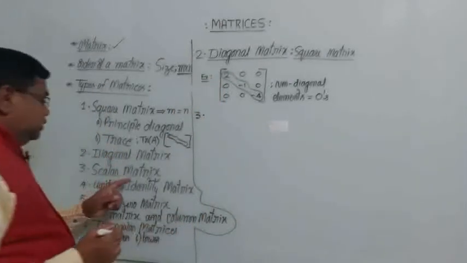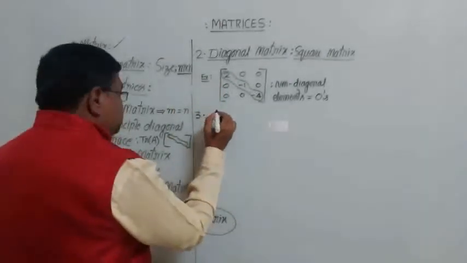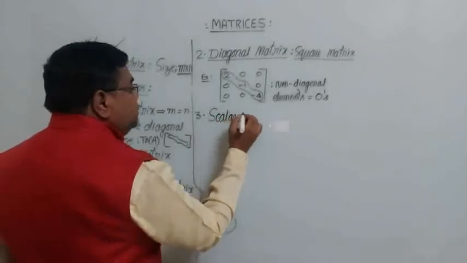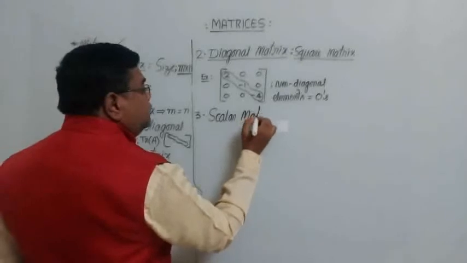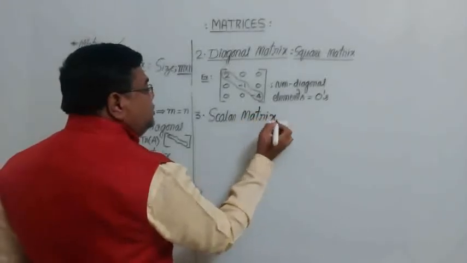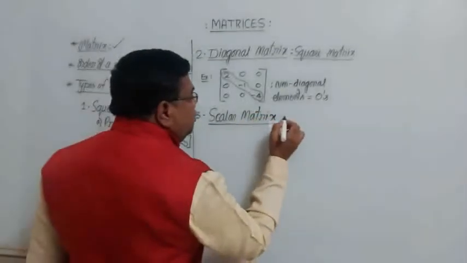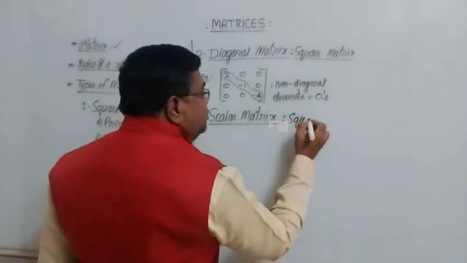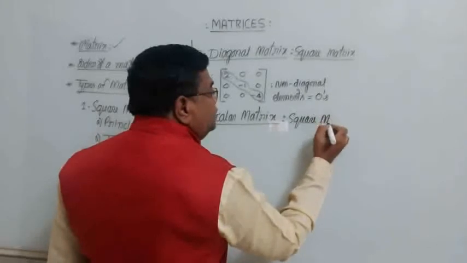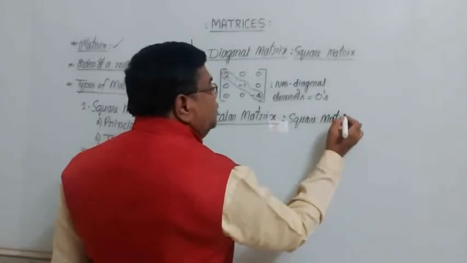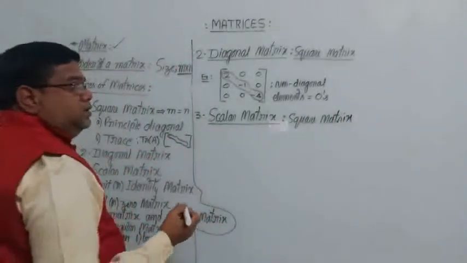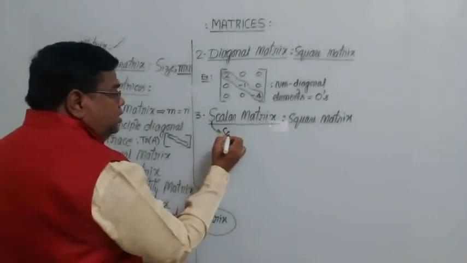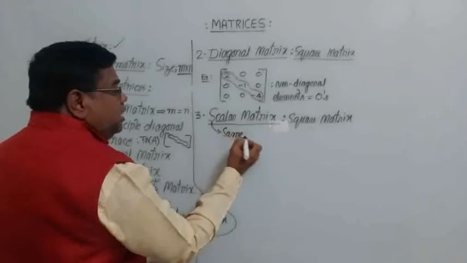Scalar matrix. What is meant by scalar matrix? Here it is also a square matrix. But what is the difference? The principal diagonal elements are the same.